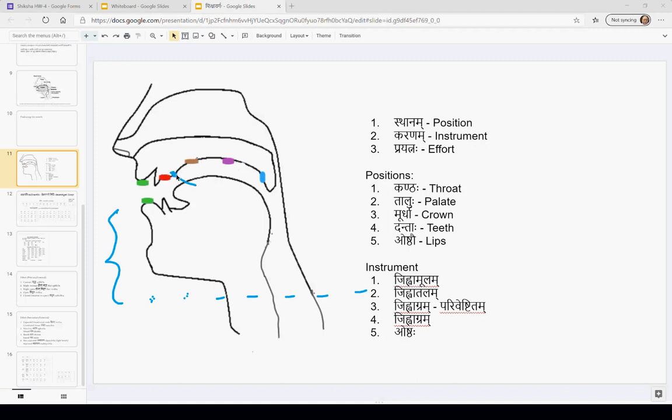Like when we say dental, that da is coming here. Whereas in Sanskritam, that da goes here, directly. And the other da, like in dharana, that goes here, the teeth, not in between.